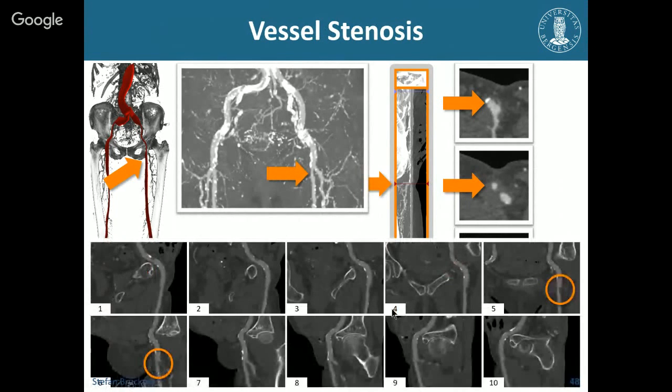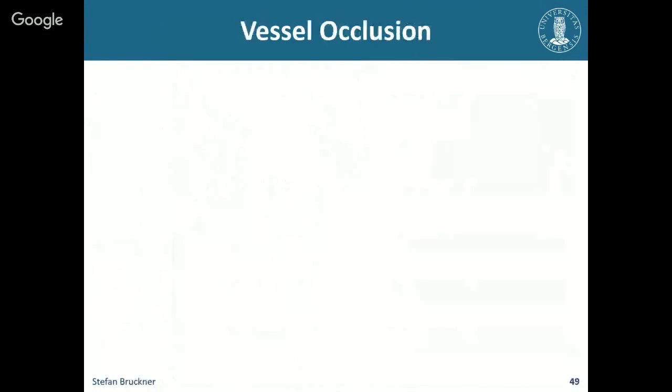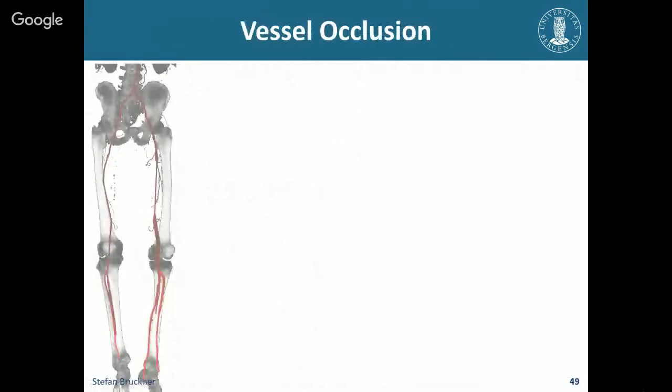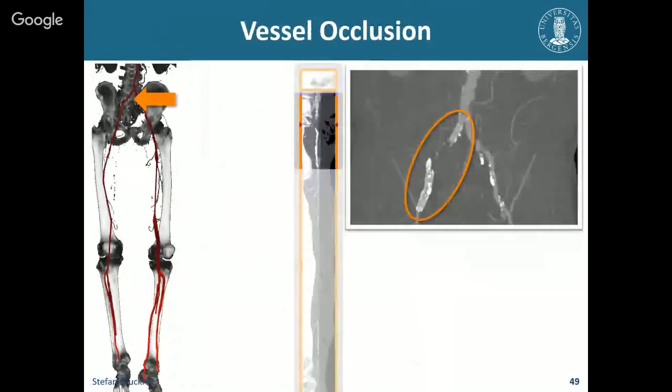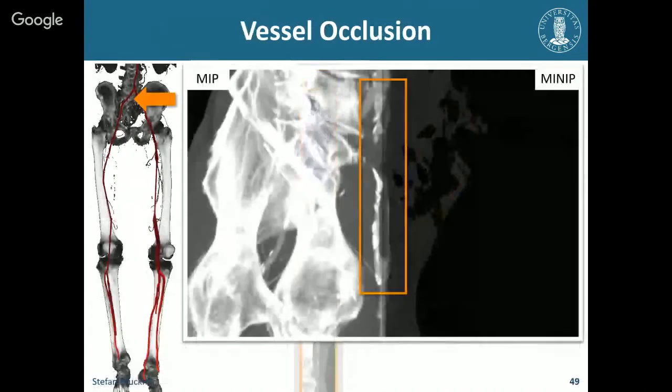And in the CPR, for example, we see that it only shows up in 2 of the images, which makes it quite easy to be missed. And here is the CFA image, which clearly shows the narrowing. Just another quick example where we have an occlusion. And this is also clearly visible.